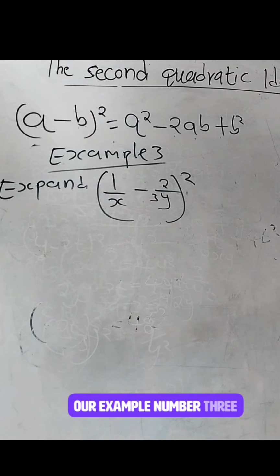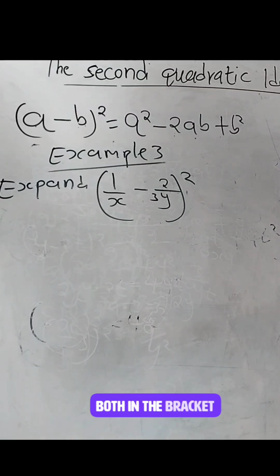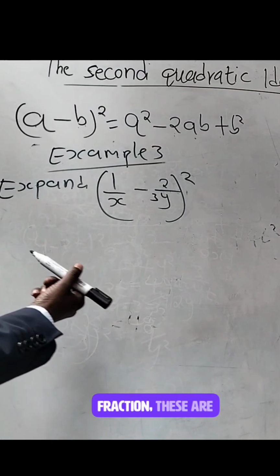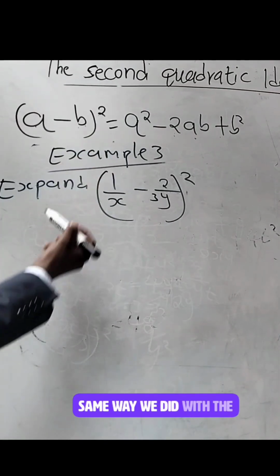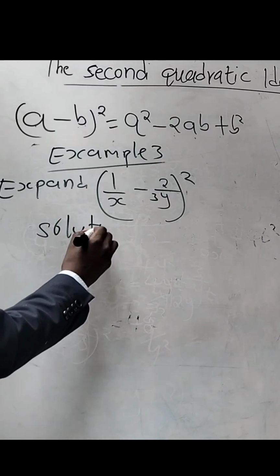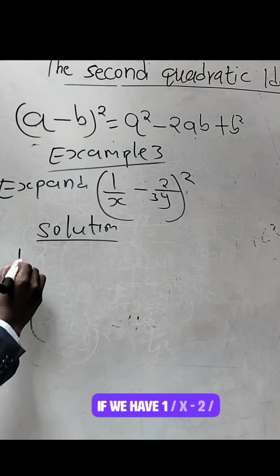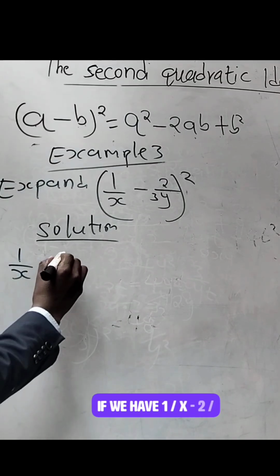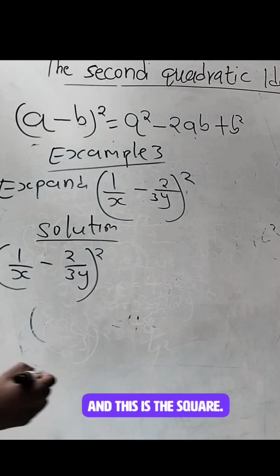Our example number 3 is this one. Expand (1 over x minus 2 over 3y) in the bracket square. So you see, these are fractions. We do it the same way we did with the first examples. So, solution. We have 1 over x minus 2 over 3y, and this is the square.